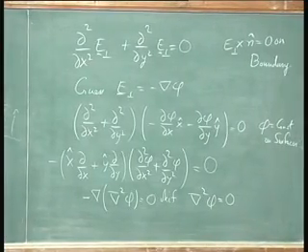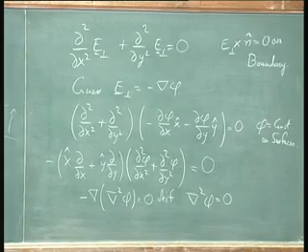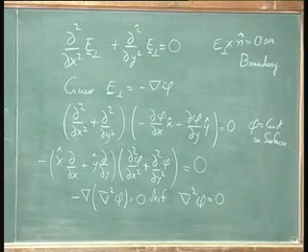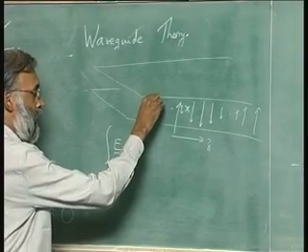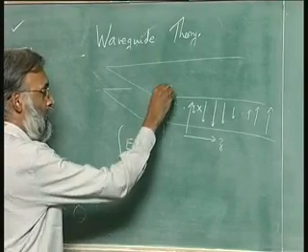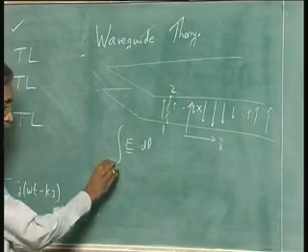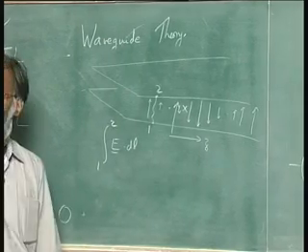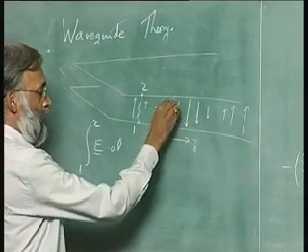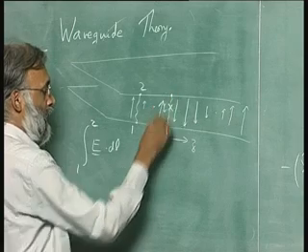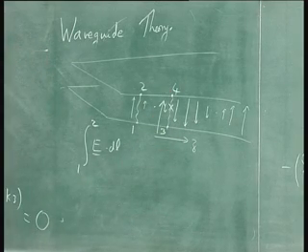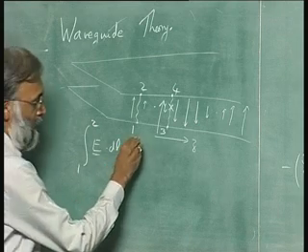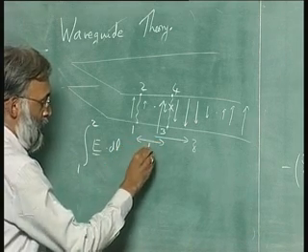So therefore we can talk about the voltage across these plates. We can calculate integral E dot dl from point 1 to point 2. We can also talk about E dot dl from point 3 to point 4. And let us say that this distance is dz.